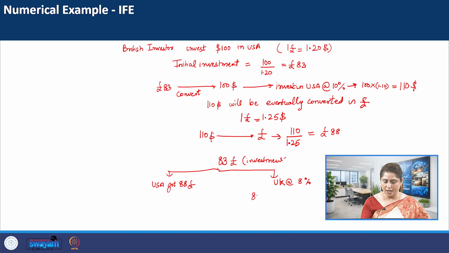So it is going to be 83 times 1 plus 0.08, which gives us around 89.64 pounds. So that means if he invests in USA, he is going to earn less because the dollar has depreciated more than what was the interest rate differential.